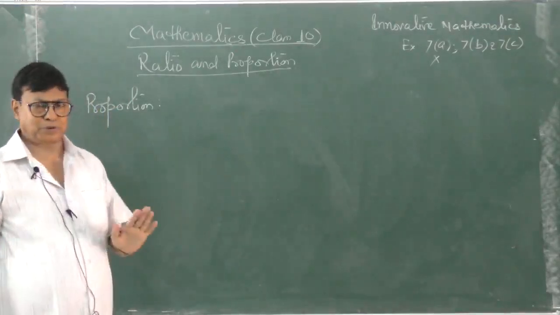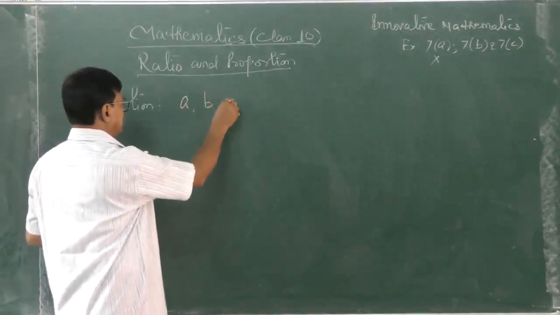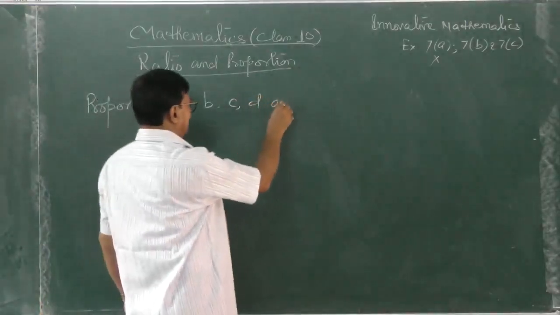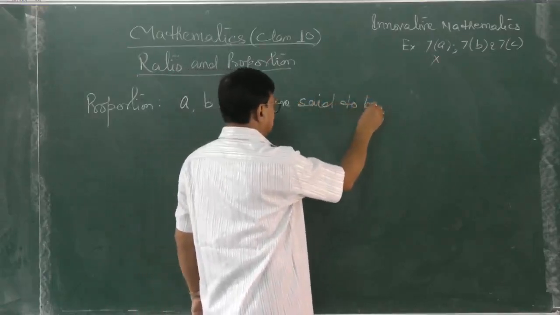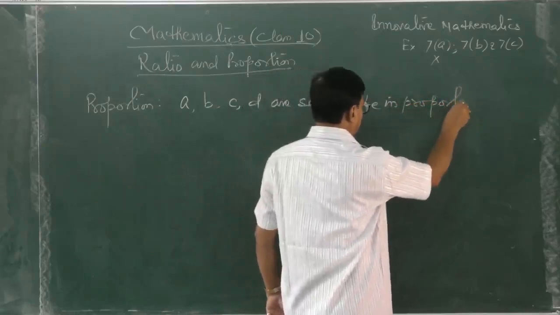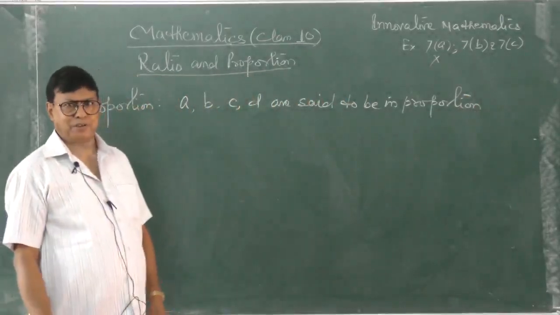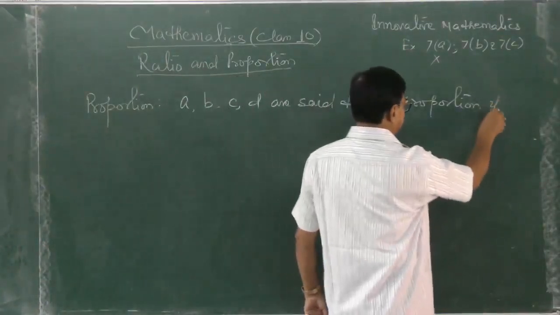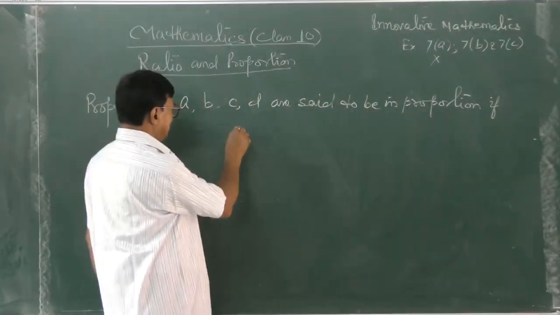I am talking about proportion. Supposing there are four quantities A, B, C and D. These are said to be in proportion if the ratio of the first two is equal to the ratio of the last two.